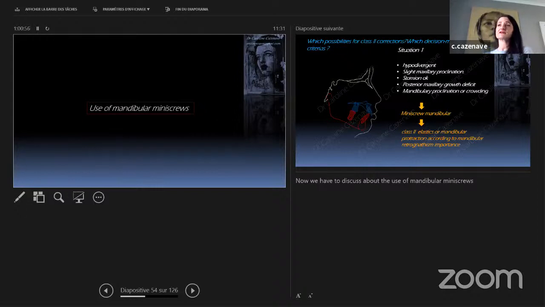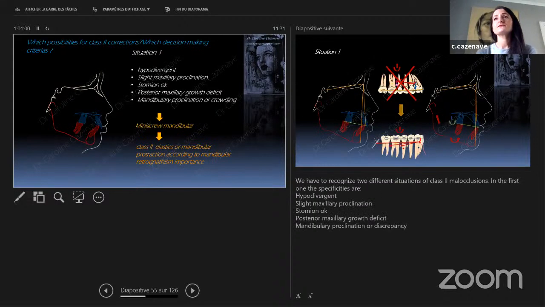Now we have to discuss the use of mandibular miniscrews. We have to recognize two different situations of class 2 malocclusions. In the first one, the specificities are a hypodivergent patient, slight maxillary proconation, the stomion is okay.